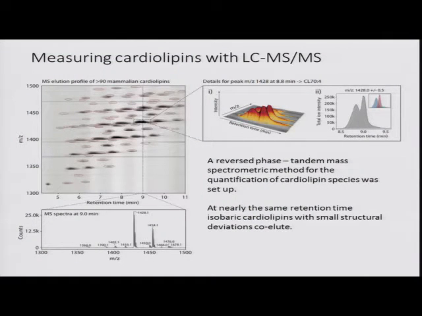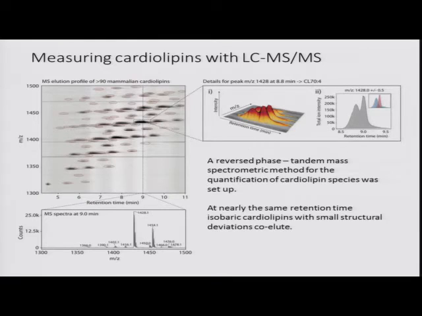We are quantifying singly charged cardiolipins, and in a retention time-dependent manner, they elute from the column in a really nice pattern where you have cardiolipins with the same number of carbon atoms, but with different numbers of double bonds eluting always in these nice lanes here.